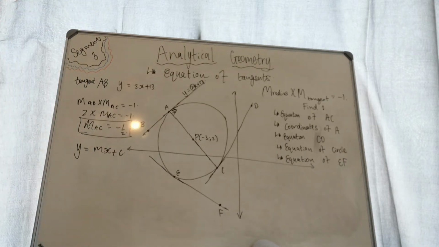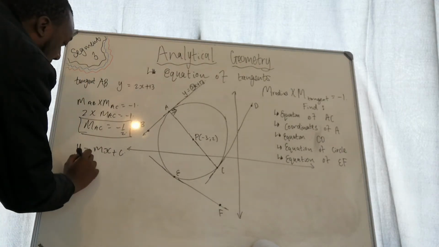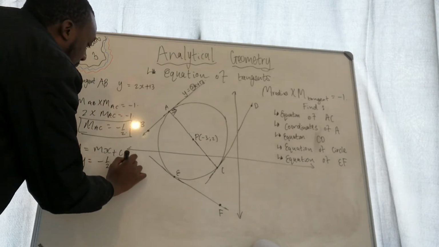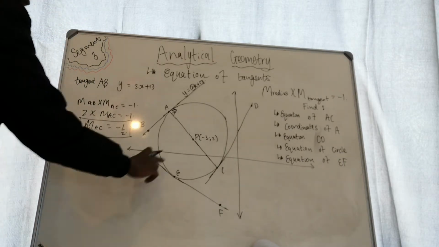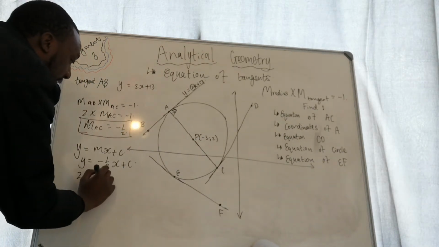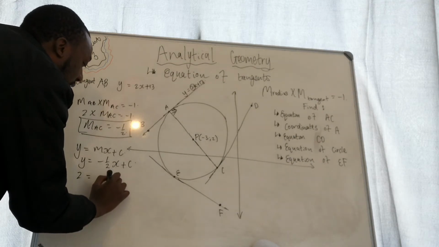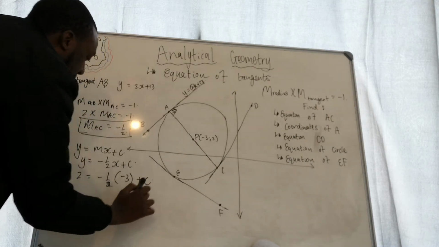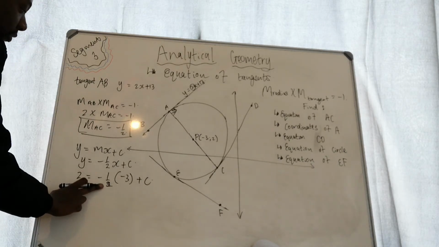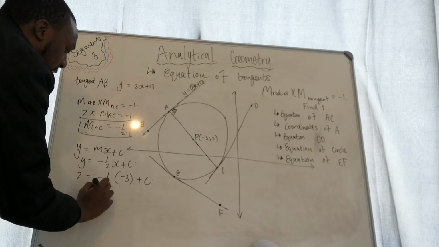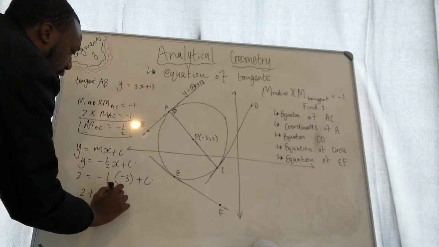So y is equal to mx plus c. I substitute my gradient first, right? Substitute the coordinates of P, which is 2 for the y, and then -3 for the x. So we have a -2 there. We end up with a 2 plus a 3/2.